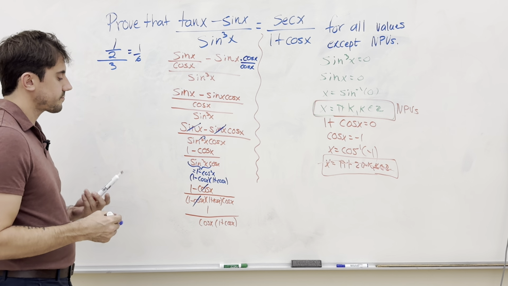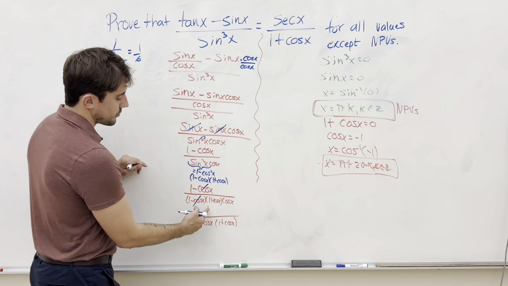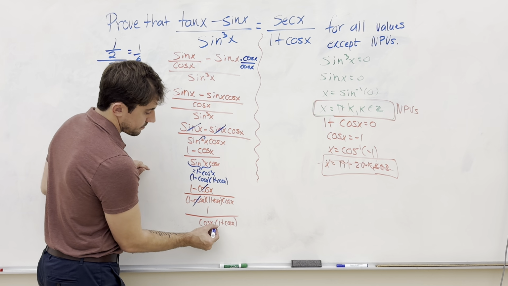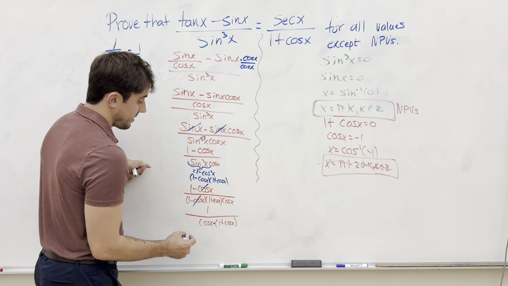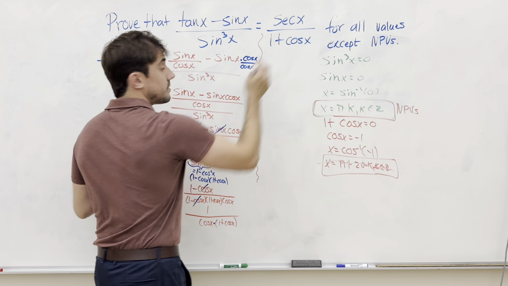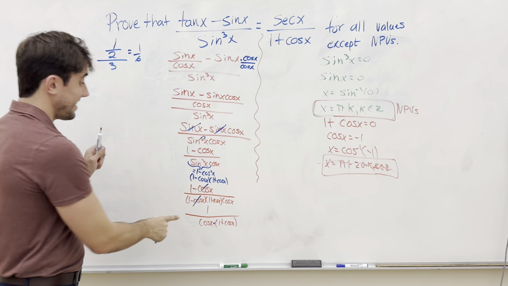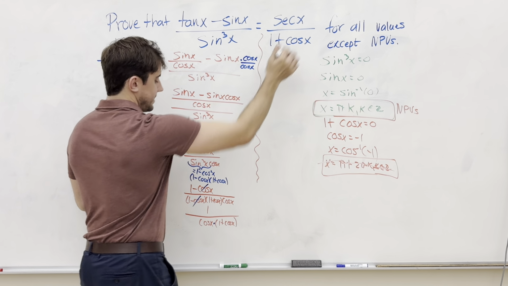And now you might notice that this is 1 over cos x times that second factor. 1 over cos x is itself secant x, right?